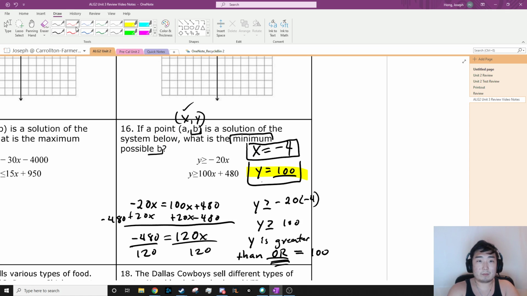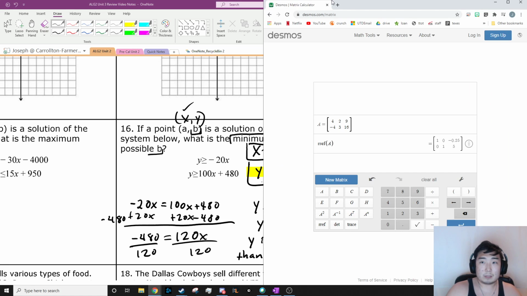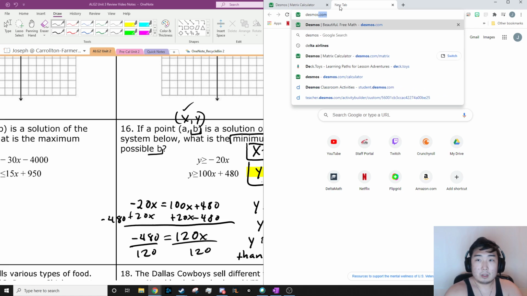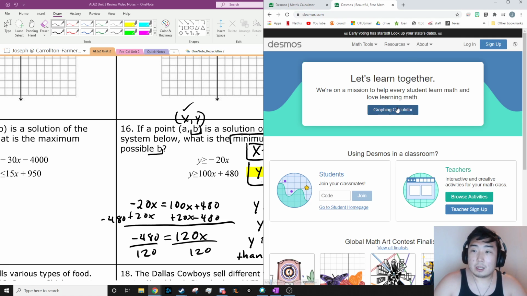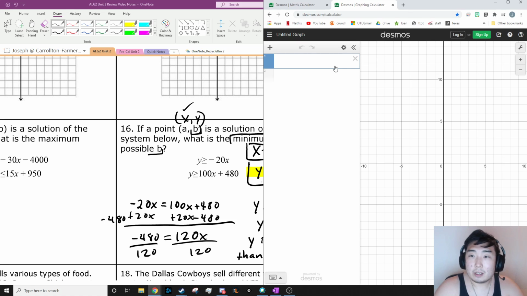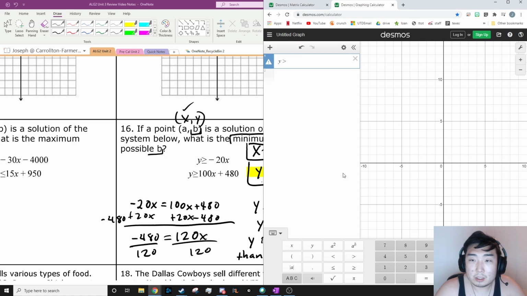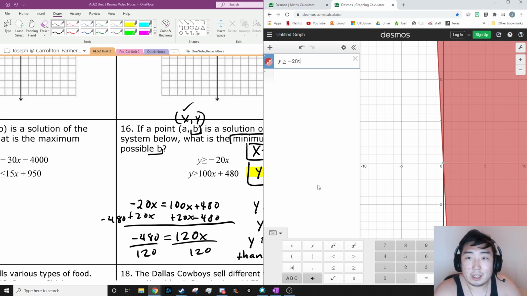Boop. And let's see if that's true. Let's go to Desmos again. And I'll go to the graphing calculator and type these in. y is less, not that one. This one, negative 20x.